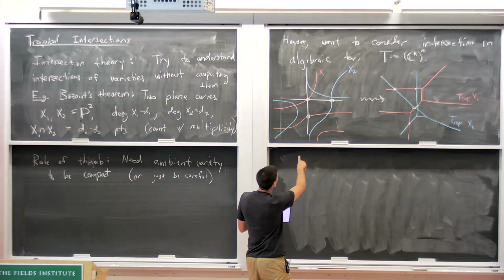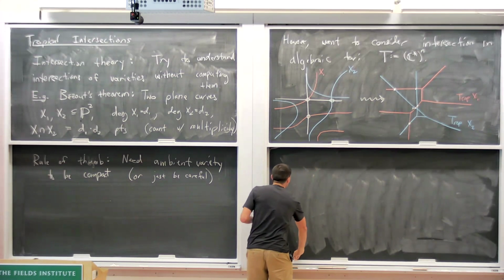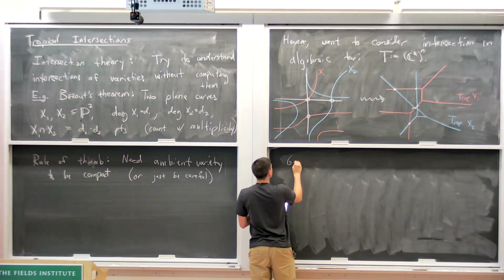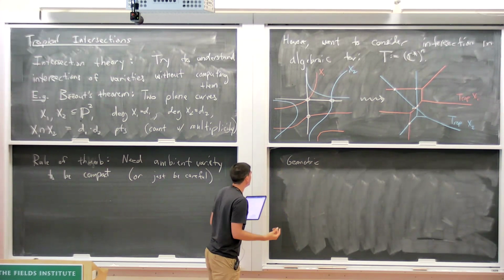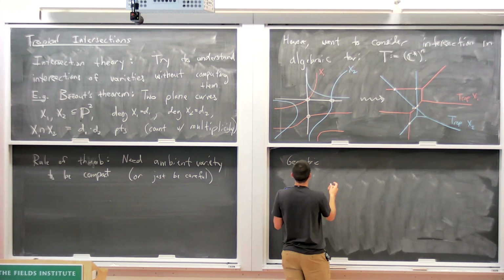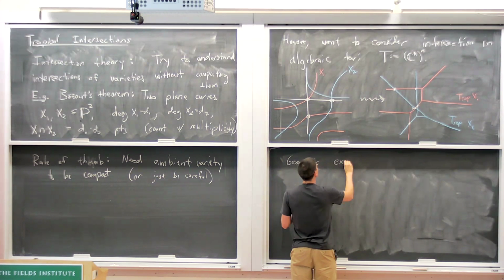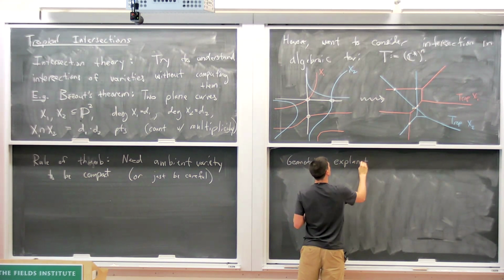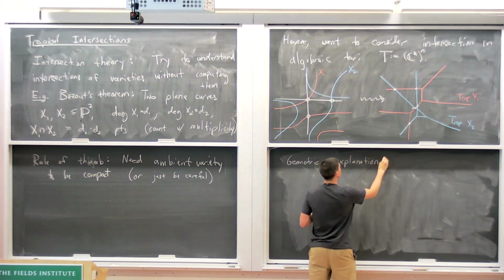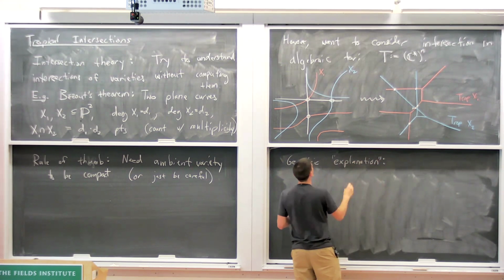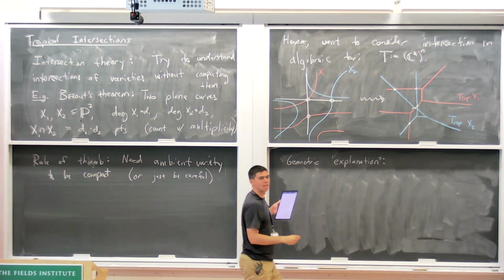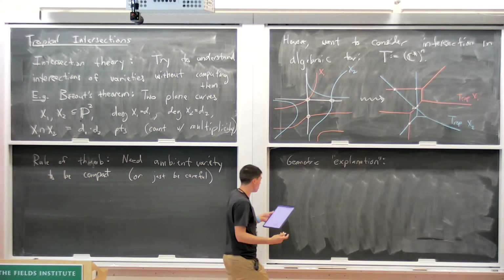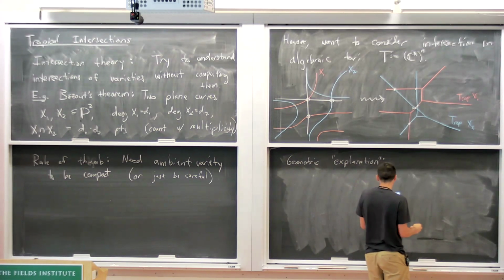Okay, and I also want to give you, again, an approximate geometric explanation of what is going on here. Why does this work? Why can we do this kind of polyhedral calculation and have it give us the same thing as we actually wanted to compute in the first place?